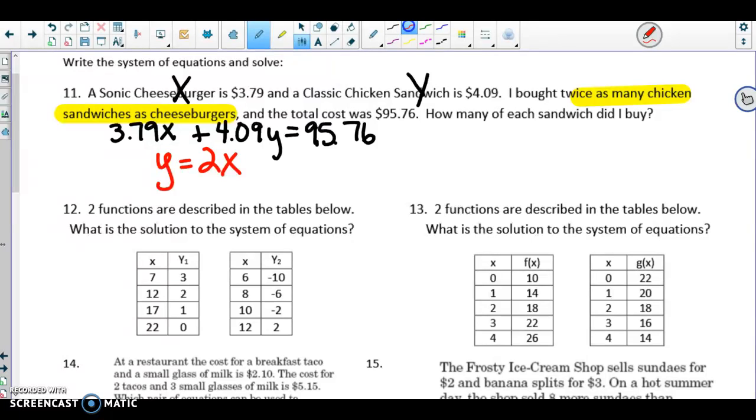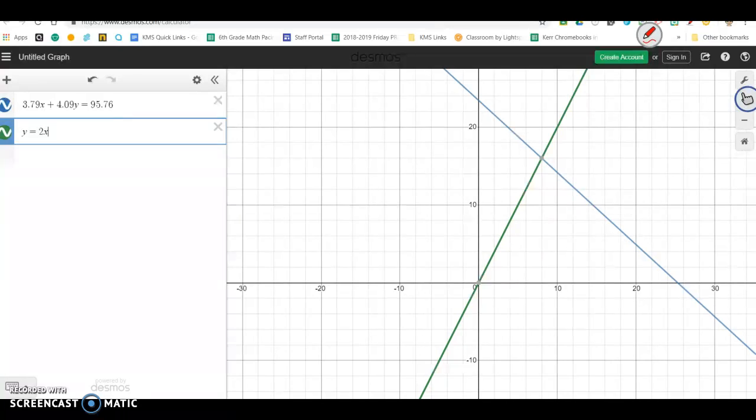So now that we have our equations, we can plug those into Desmos. When I plug those in, $3.79 X plus $4.09 Y equals 95.76, and Y equals 2X, I come up with a value of 8, 16.